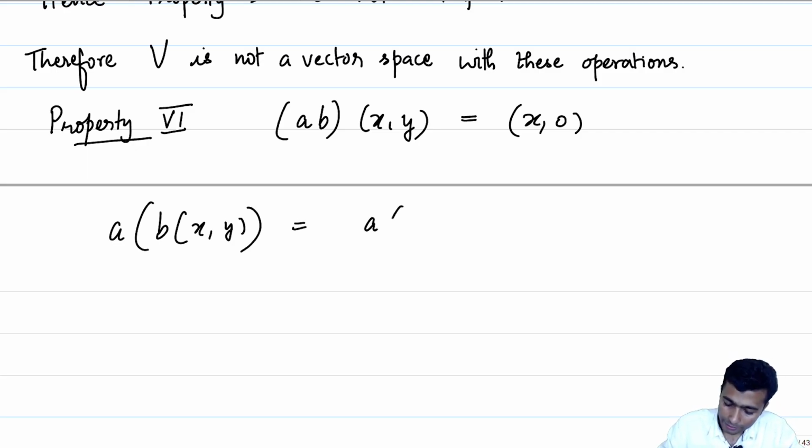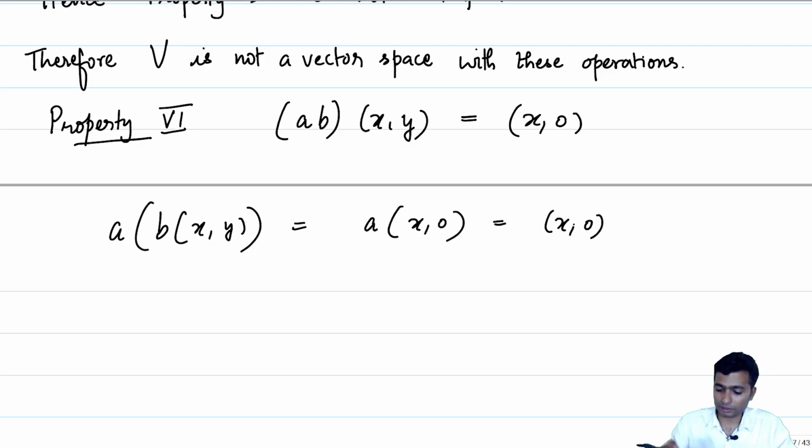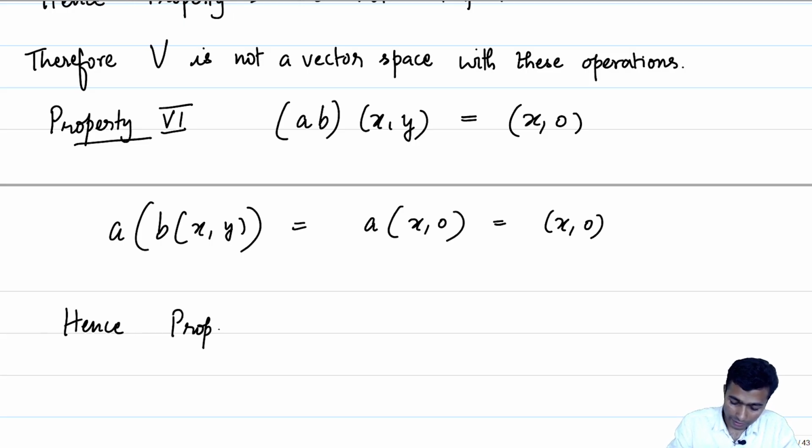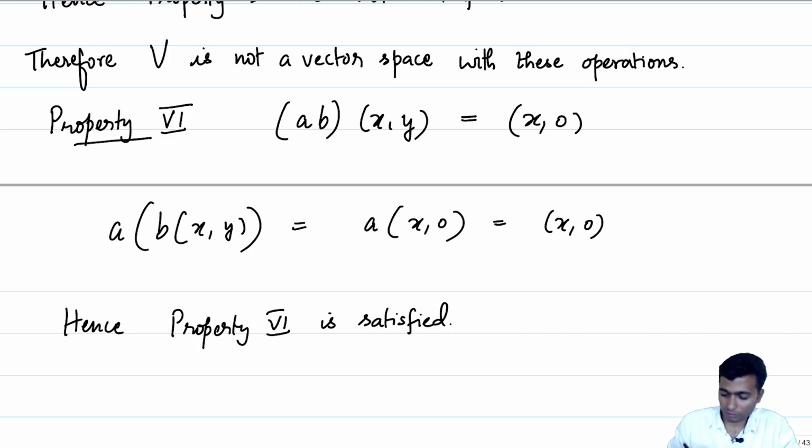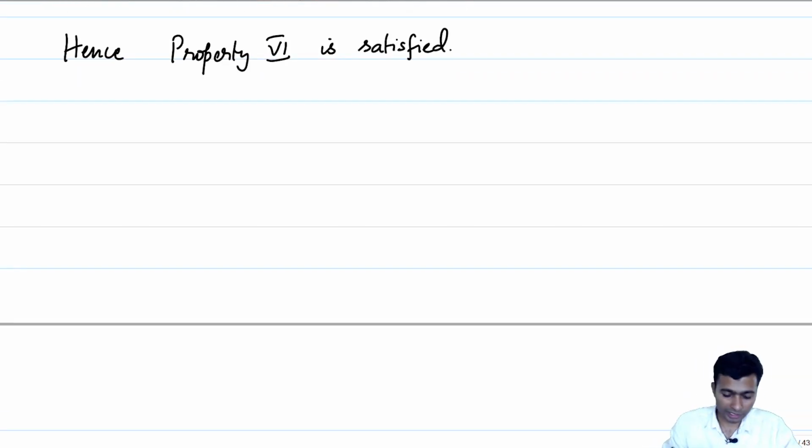This is just a times (x, 0), since b times (x, y) is (x, 0), and a times (x, 0) will again be equal to (x, 0). So yes, this is equal. Therefore, property 6 is actually getting satisfied. That is interesting: even though property 5 is not satisfied, property 6 is still getting satisfied.